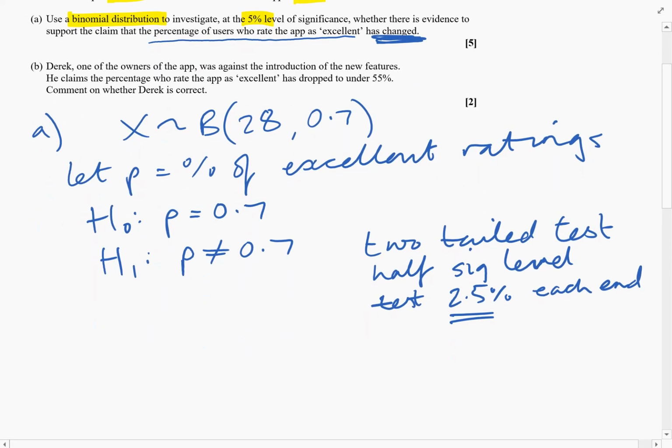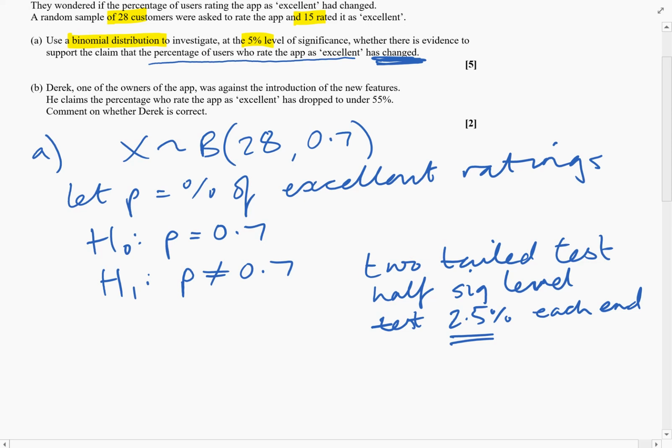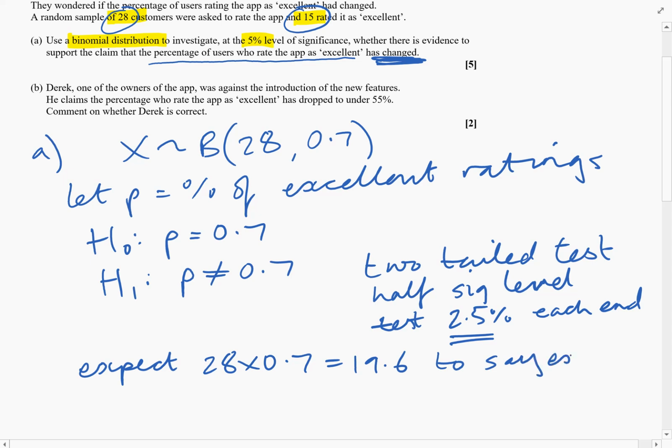Okay, so if we just have a look at the question again, it says 15 out of 28 customers rated it as excellent. Now if we had 28 customers, we would expect 28 times 0.7, that's 19.6. So we'd expect 19.6 customers to say excellent.